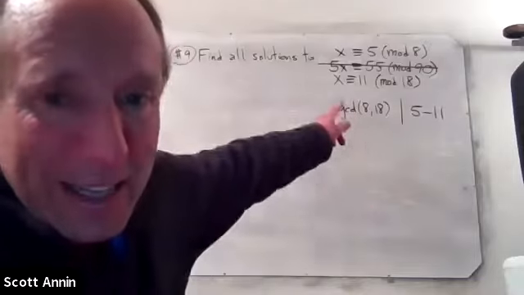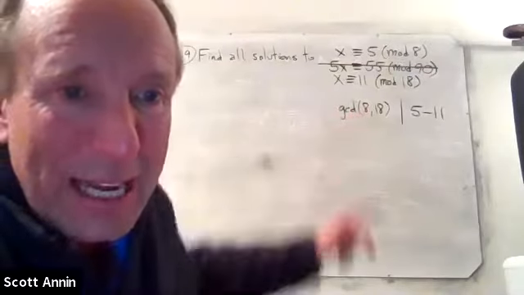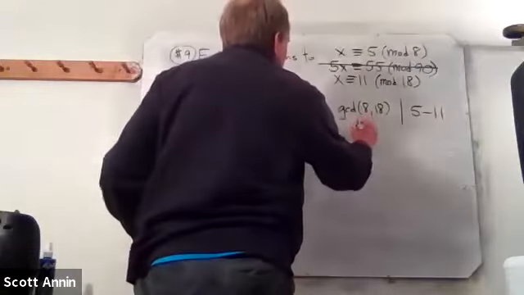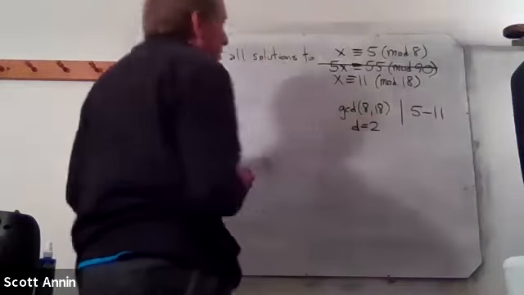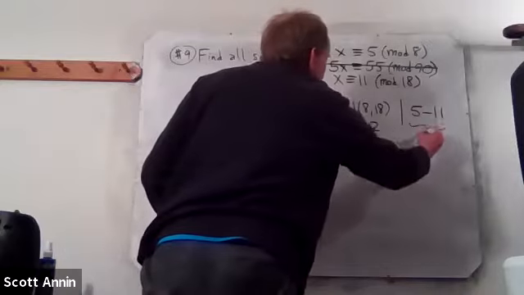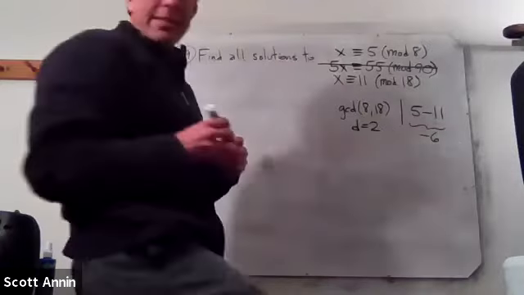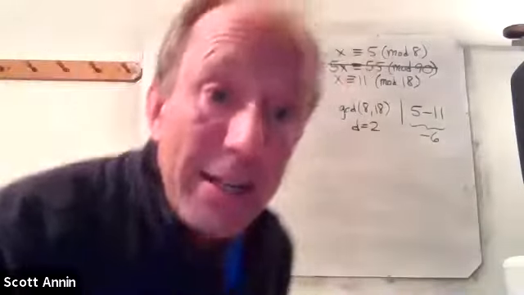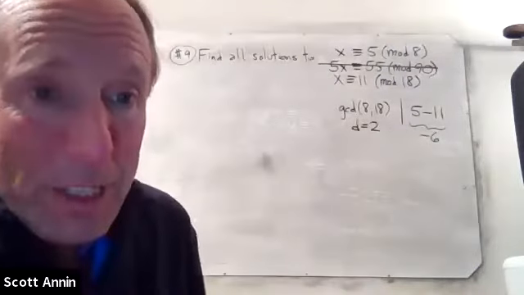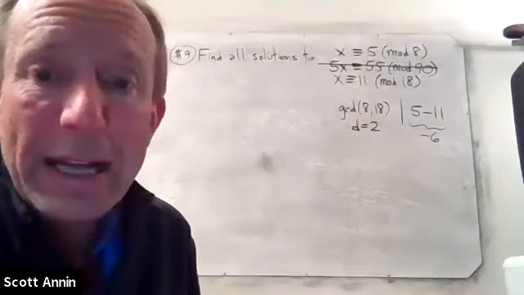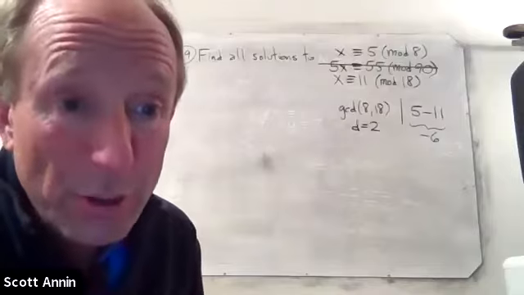And you can see that the greatest common divisor of 8 with 18 is just 2. So this is what I usually call D. D is equal to 2 here. And of course, that does divide -6. So this system does have solutions.